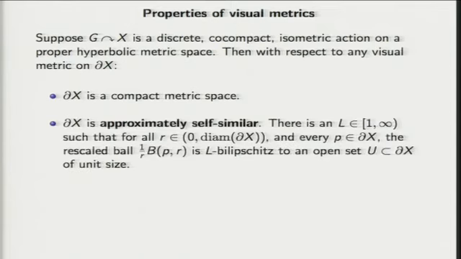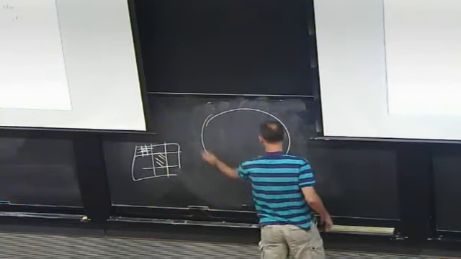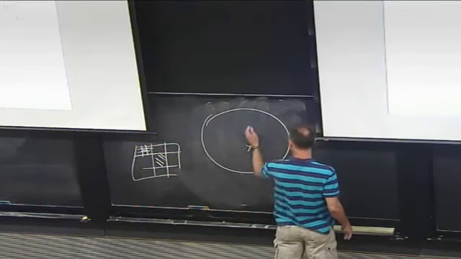But in fact, the symmetry of the space X is inherited by the boundary in the form of what I call approximate self-similarity. Okay? So the statement is the following. Well, maybe I'll draw a picture first. So here's X, then we have the boundary.